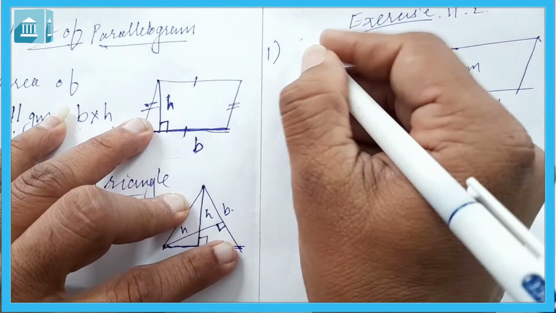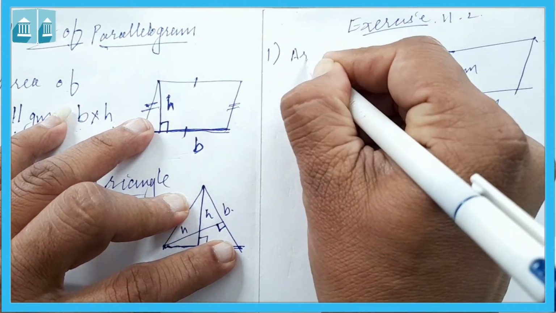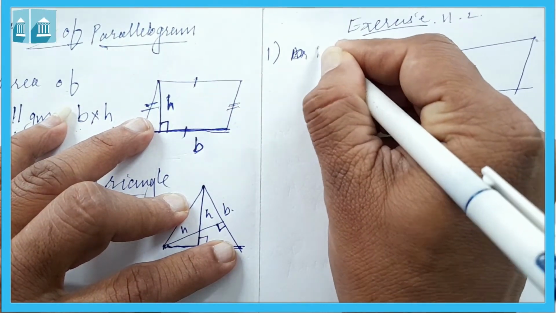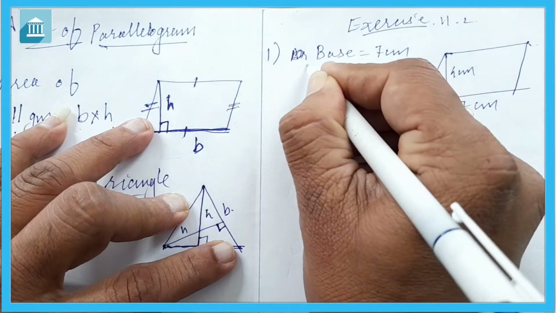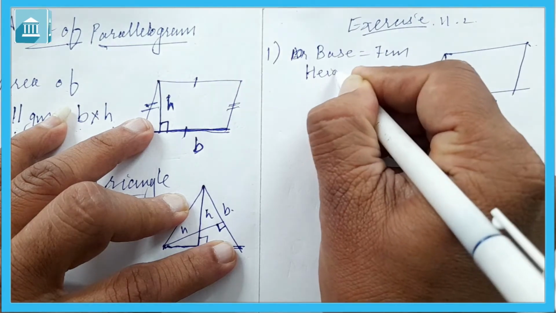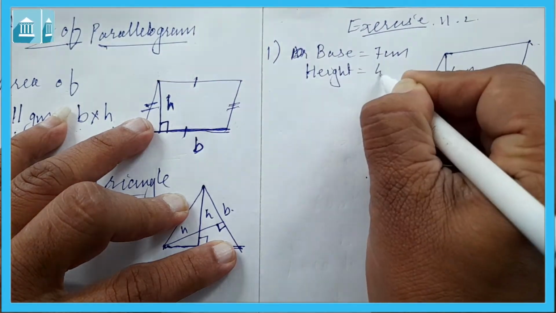So here we can say base is equal to 7 centimeter, height is given 4 centimeter.